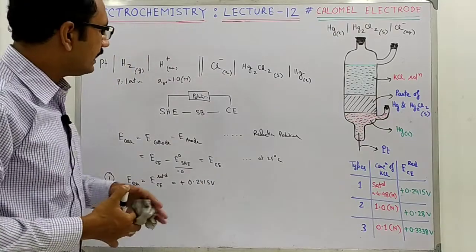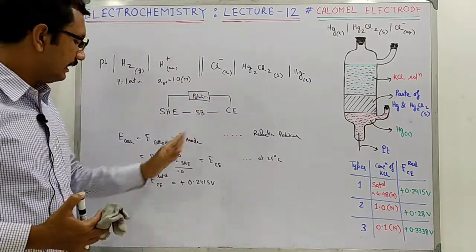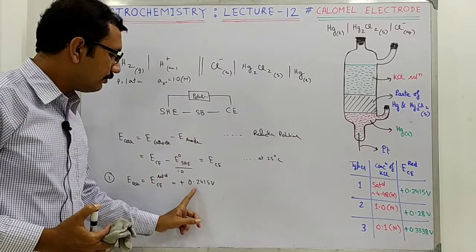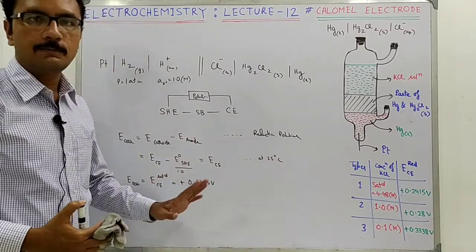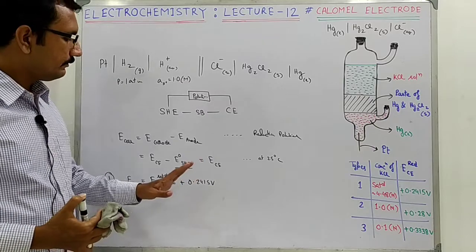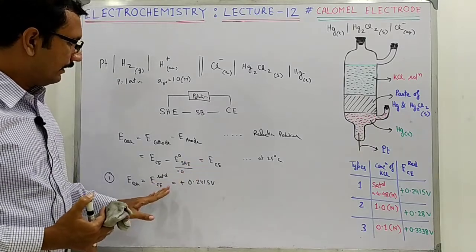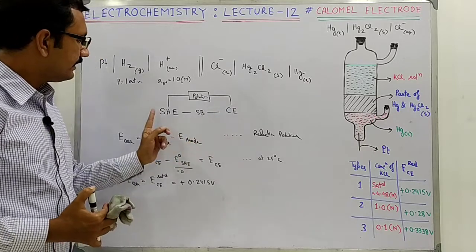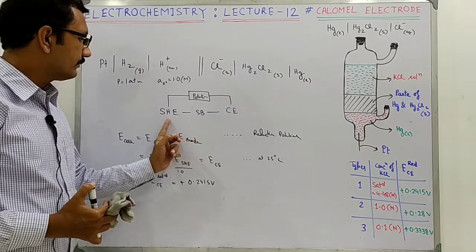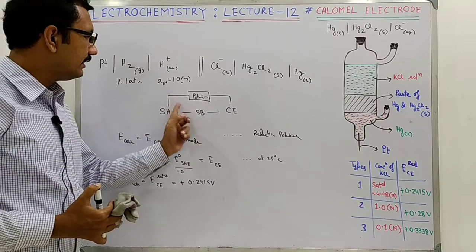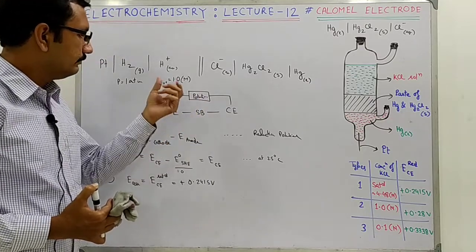So, potentiometer is giving the reading of the E cell to be plus 0.2415 volt. It is not that you are getting it directly, you are connecting it to the standard hydrogen electrode externally with the help of potentiometer.